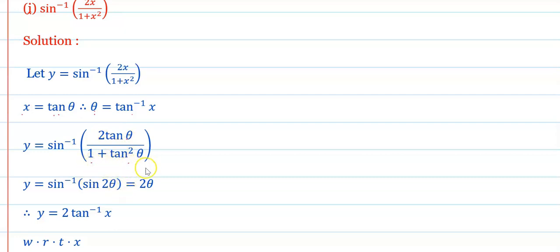Now this is also important trigonometry. What is that? 2 times tan theta upon 1 plus tan square theta. 1 plus tan square theta means what?